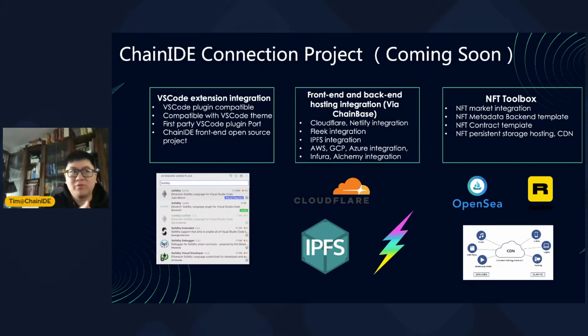So we want to make it very quick and easy, and Chainbase will be integrated with CDNs like Cloudflare, Netlify, storage like Fleek, IPFS, or centralized storage like GCP, AWS S3. And for computation power, we also integrate with AWS, GCP, Azure, and for the blockchain nodes, we are integrating with Infura and Alchemy.